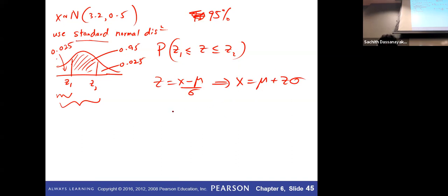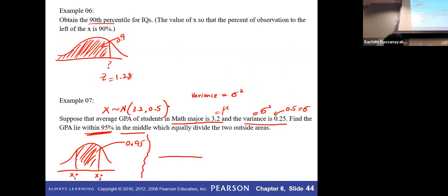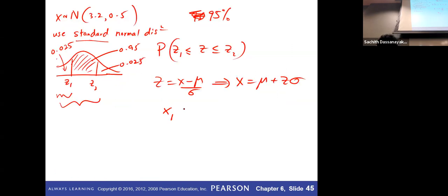Let's say, to find x1, I'm talking about x1 here. x1 equals mu plus C1 sigma. So you know what mu is, you know what sigma is, and you know what C1 is from here.